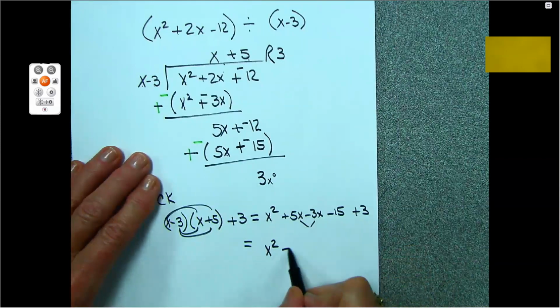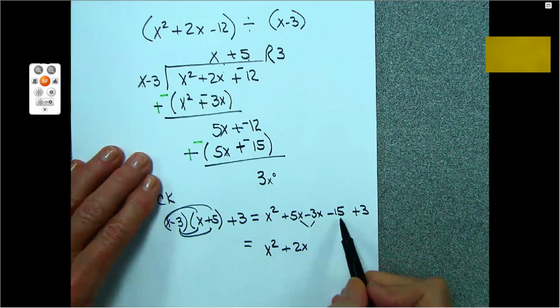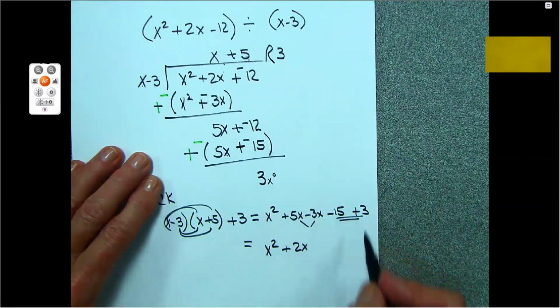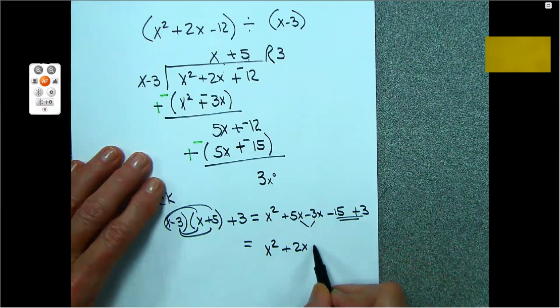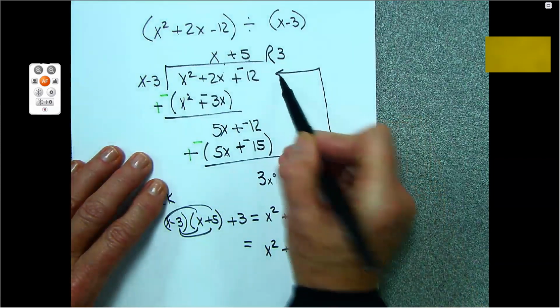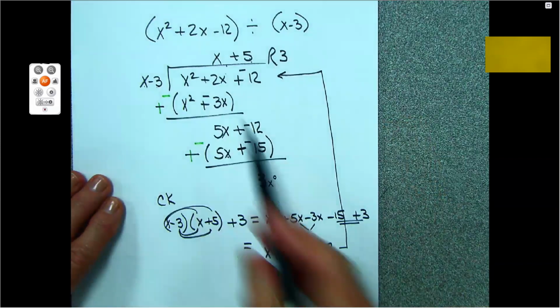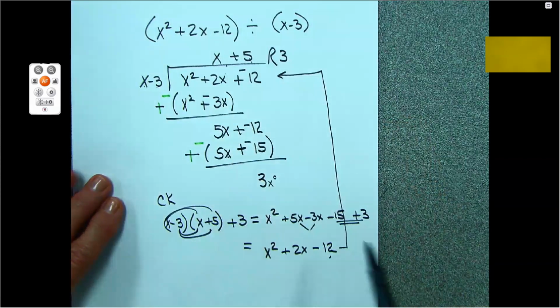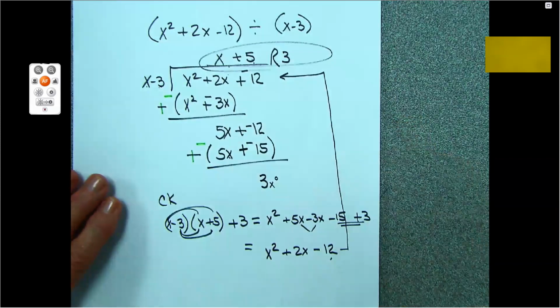Looks like positive 2x. Negative 15 plus 3 would be negative 12. And that needs to match our dividend, which is x squared plus 2x minus 12. So you can circle your answer.